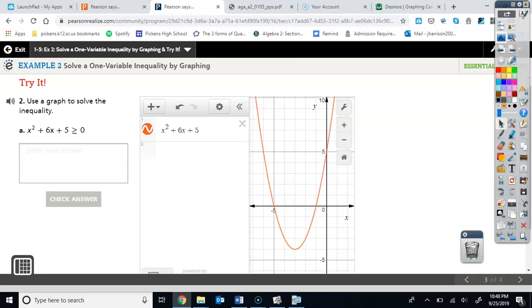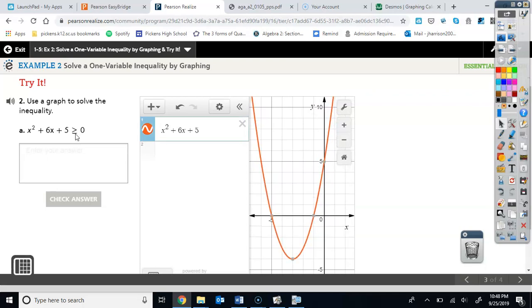But remember what we did was we looked at our intervals and we said that anything above there is positive, anything above here is positive, but remember to describe it using your x values.